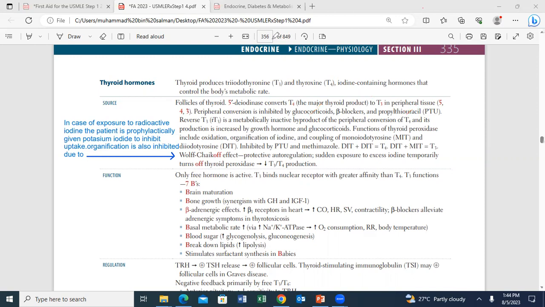Then they are telling you about reverse T3, which is a metabolically inactive byproduct of conversion of T4, and that reverse T3 is increased by growth hormone and glucocorticoids. You see, glucocorticoids inhibit the conversion of T4 into T3, but as a result, the formation of reverse T3 is increased. So there is a very interesting combination.